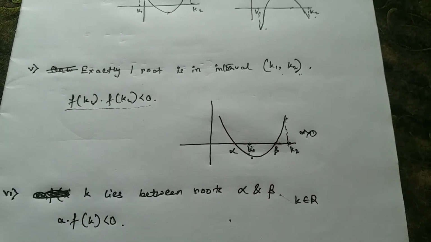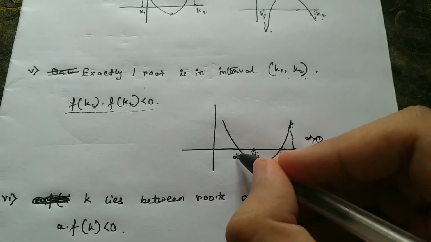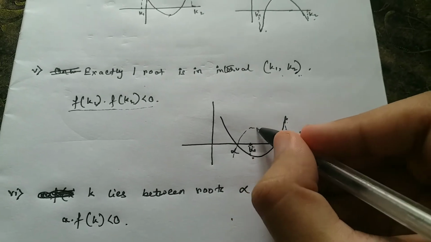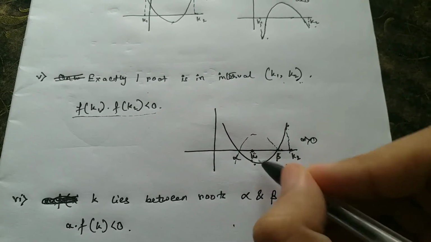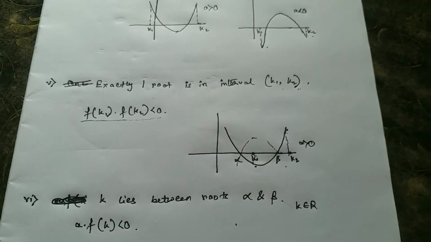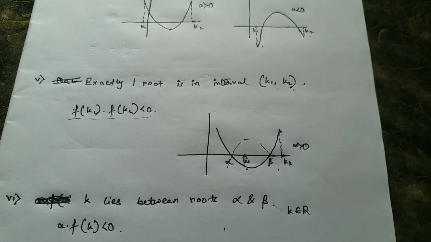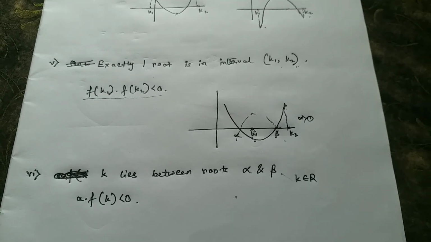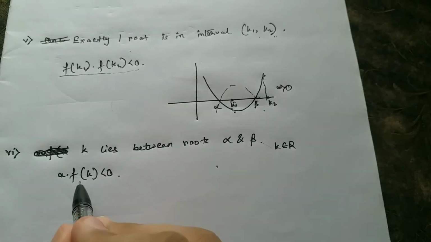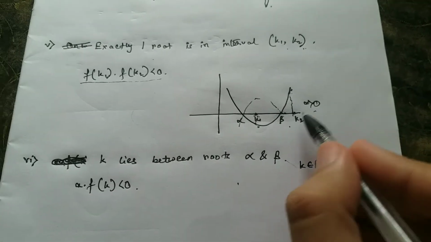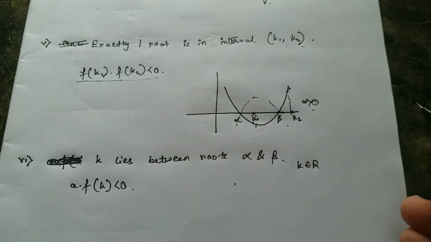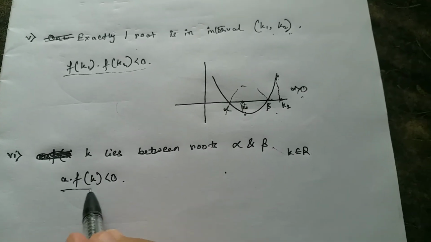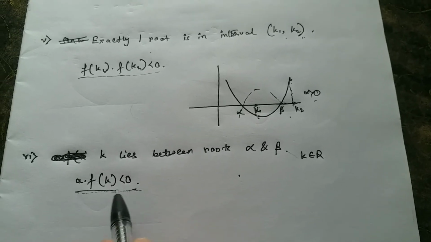If it had been a less than 0, then the parabola would have been something like this, and f(k) would have been greater than 0. So again, a and f(k) here have opposite signs. A greater than 0, so f(k) less than 0. A less than 0, so f(k) greater than 0. So a times f(k) is less than 0, opposite signs.